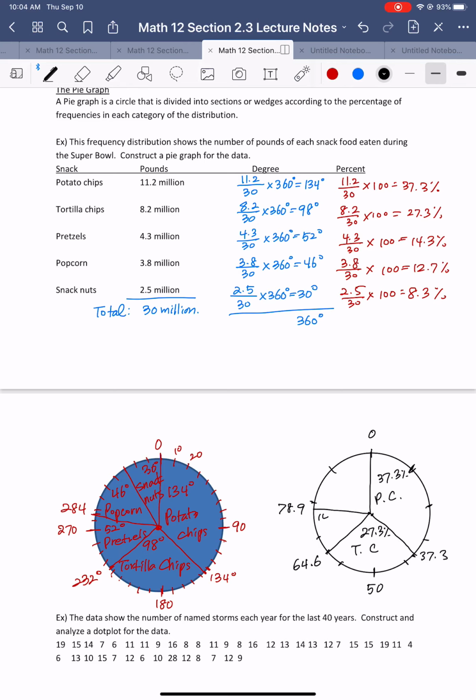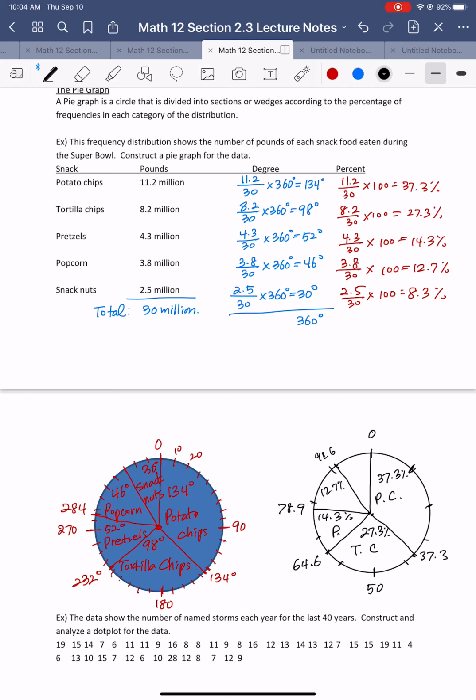Which is a 14.3%, which is pretzel. And then the 78.9, I'm adding the next one, 12.7. I got 91.6. So it's about here. So this is going to be the 12.7%.